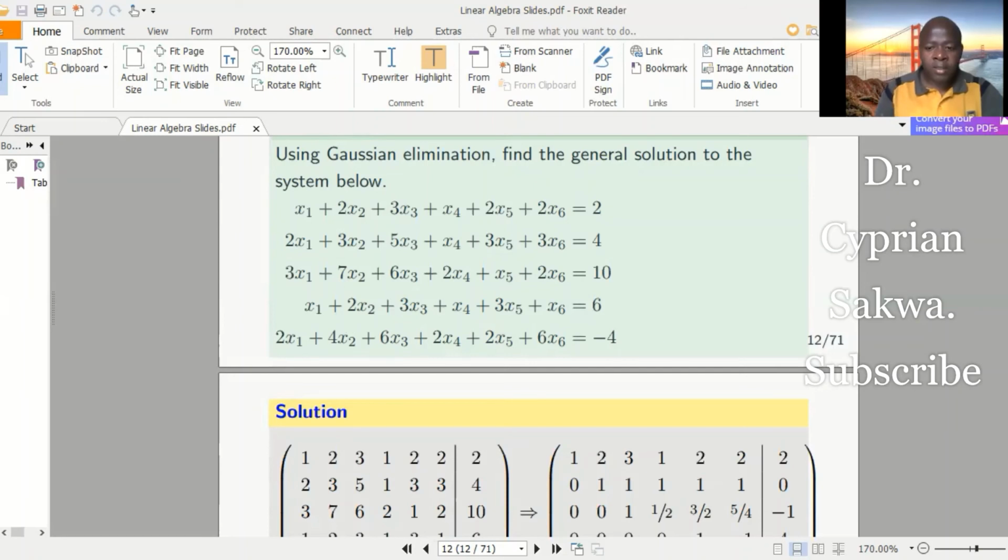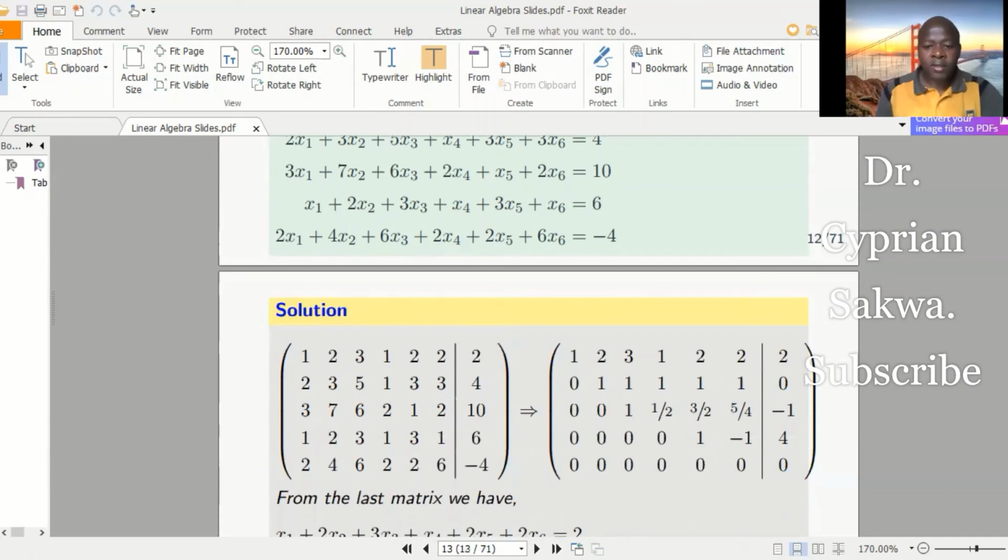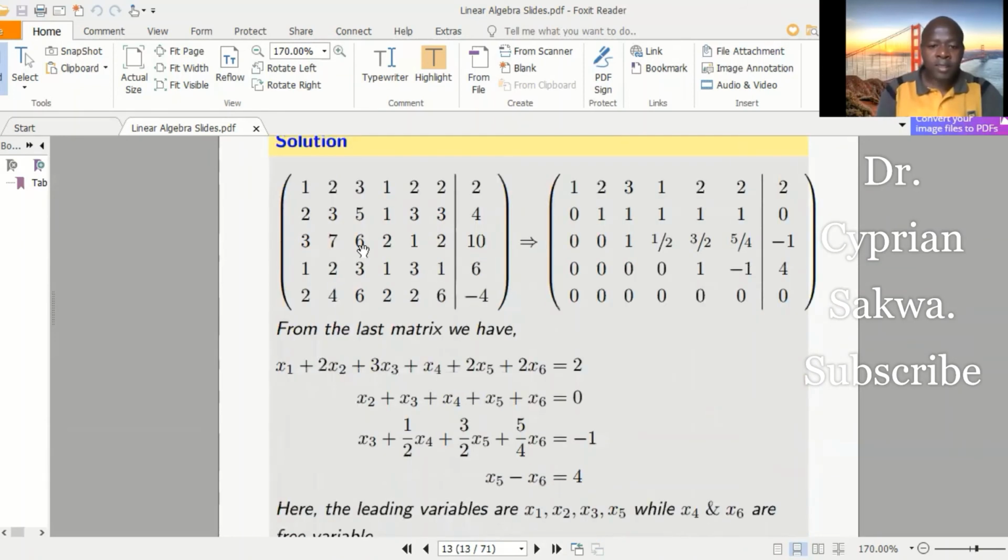Let's extract the augmented matrix and then reduce to echelon form. When I did that, this was the augmented matrix, and then this was the echelon form of it. And then extracting, this is x1 plus 2x2 plus 3x3 plus x4 plus 2x5 plus 2x6 equals that.